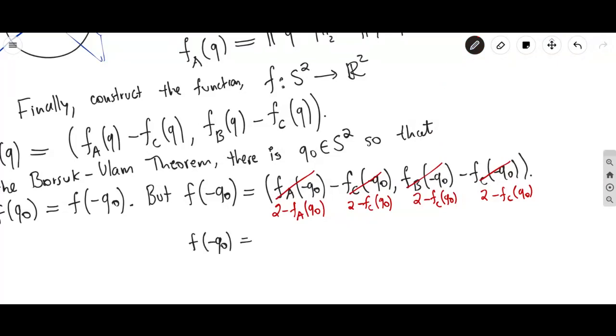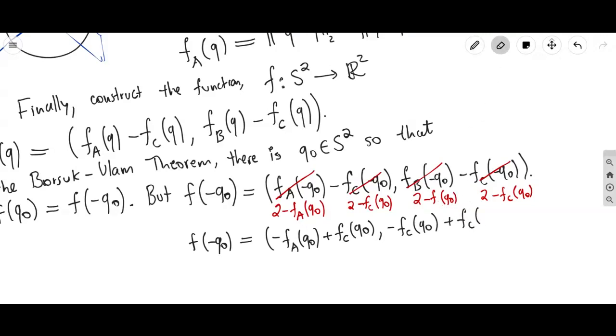F of negative Q would then be, so we have 2 minus 2, we have minus f of a, and then double minus. We have minus fa Q0 plus fc Q0 minus fc Q0 plus fc.